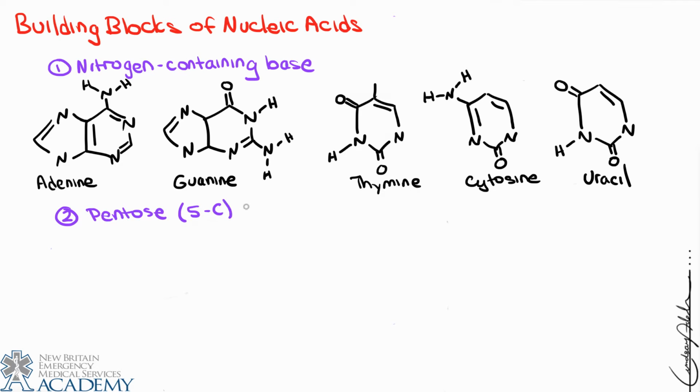The next component of nucleic acids is a pentose, or 5-carbon sugar. So we've only mentioned really glucose in terms of monosaccharides. We said that monosaccharides could be 3 to 7 carbon atoms, and glucose contains 6. So this one is a little bit different because it contains 5, and we can still see that it's like a ring structure with an oxygen.